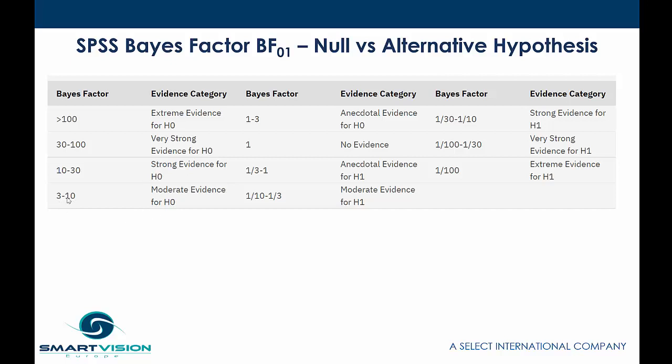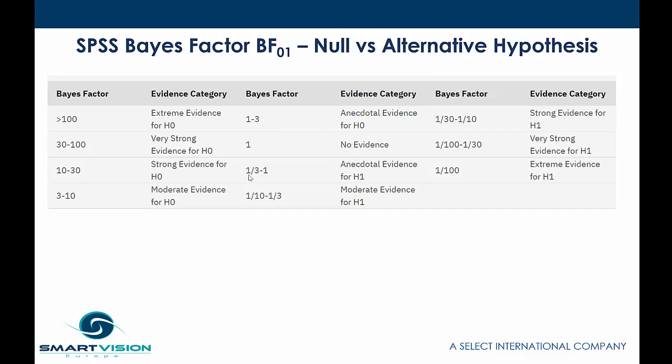If you're getting values in the 3 to 10 range, then that's moderate evidence for the null hypothesis. And if it's quite small values where the ratio is 1 to 3, they're saying that's anecdotal evidence for the null hypothesis. So a value of 2 would actually indicate that the null hypothesis is twice as likely as the alternative hypothesis. And then we have, of course, a value of 1 indicating no evidence either way.